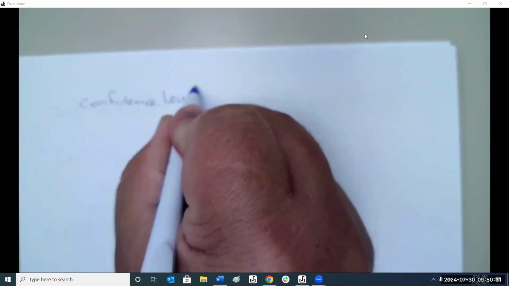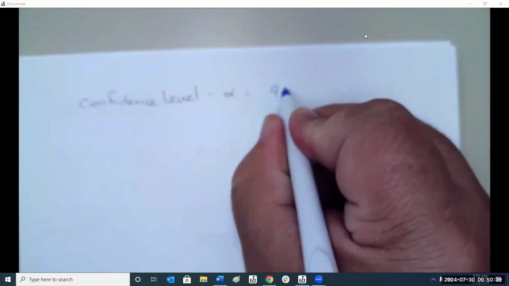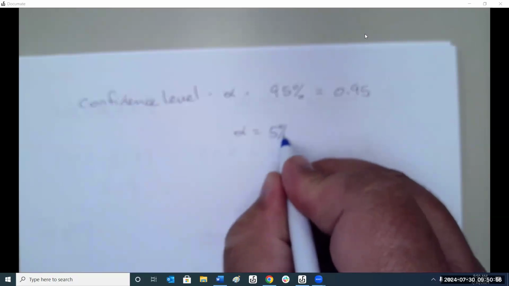The confidence level is our alpha. So if we say 95% confidence level, what does that correspond to? 0.95. So that makes our alpha what? Yeah, 5% or 0.05. How do we get this? We take 1 minus our confidence level equals alpha.